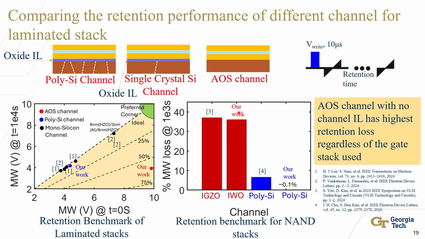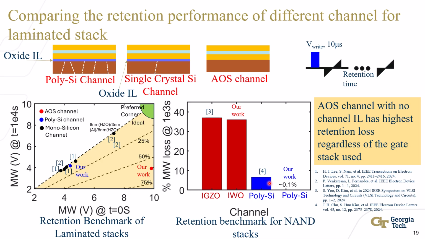Similarly, we compared our work on amorphous oxide IWO channel with other works done previously on different channel materials such as IGZO. From this we can see that the memory window loss, which is my y-axis, is comparable for different AOS channel materials as well. Similarly, we compared our work on polysilicon with other works done on polysilicon channel for Fe NAND.